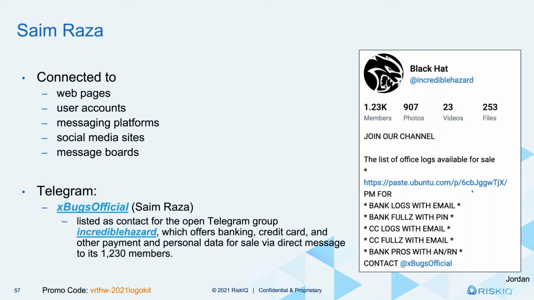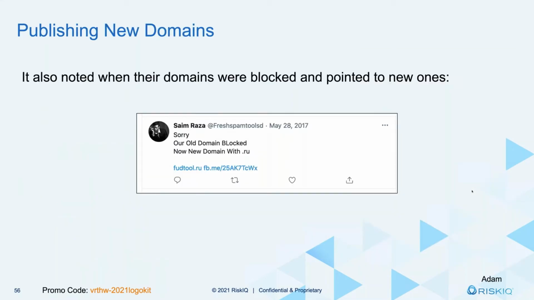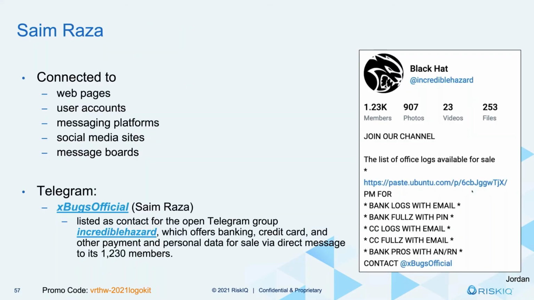Again, it's interesting to see just how much these accounts do advertise. So again, it's everything from all their phishing services to some of their document exploits, and they're very prolific about their advertising. Yeah, they're not hiding what they're doing at all.